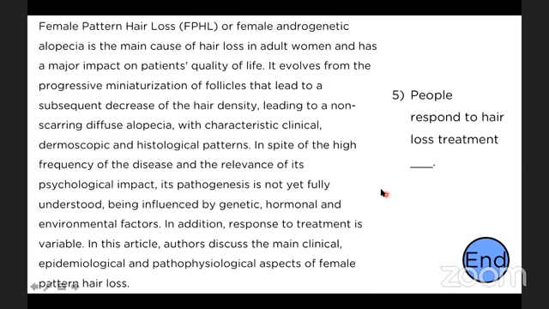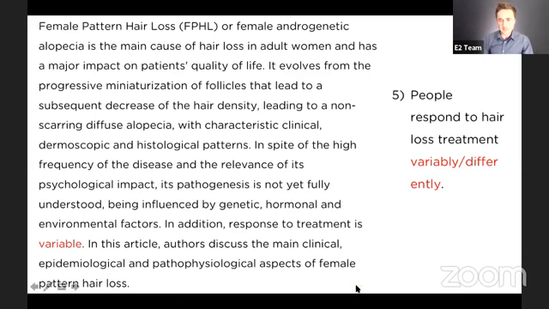People respond to hair loss treatment is variable. Is wrong. Varies is wrong. Variably is correct. Differently would also be correct. Well done. Variably or differently. So we're taking this word here, variable. Response to treatment is variable.